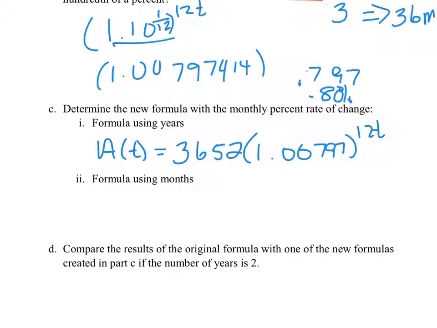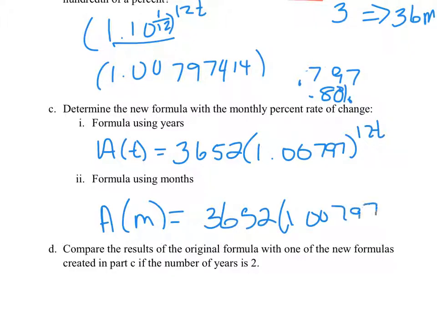And then the formula using months would be 3652 times 1.00797, and this would now be an M instead of a 12t. So this 12t is reminiscent of months. The t is years, so I multiply it by 12.